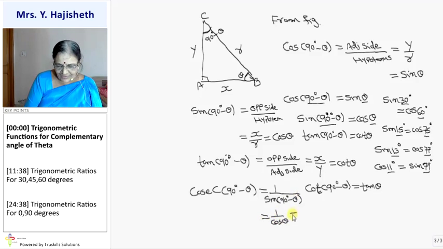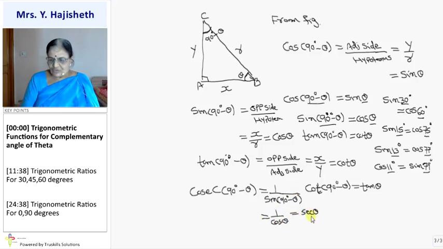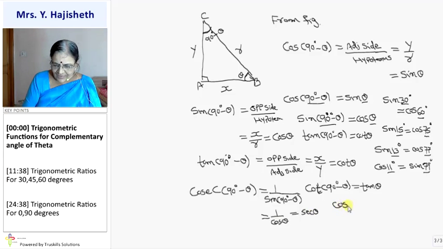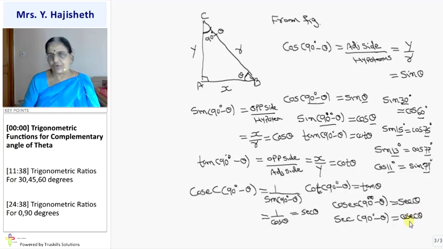And 1 by cos theta is sec theta. So what is cosec 90 minus theta? It is sec theta. And similarly sec 90 minus theta is cosec theta. So we have 6 formulas.